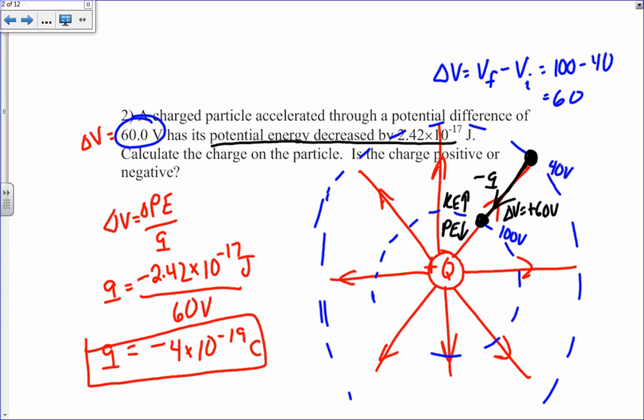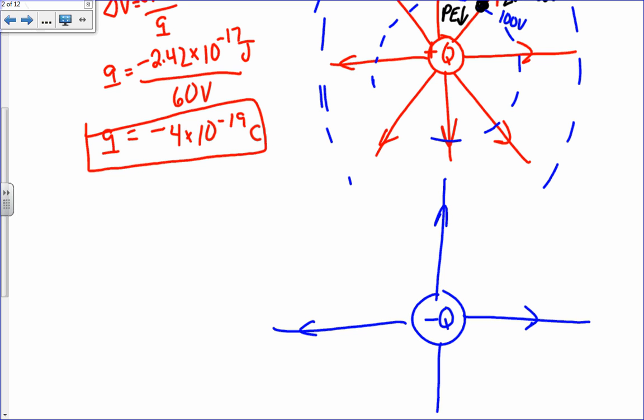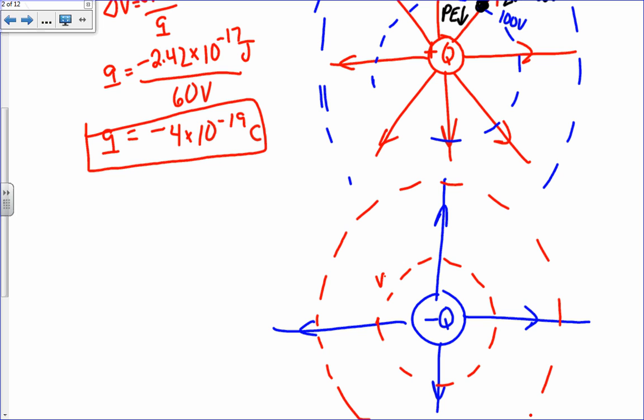But you might say, well, what if instead of a positive charge, we had a negative charge, and so our field lines now are the opposite. Then I can draw some equal potential lines like that. Close in, this is V equal to negative 100, and this is V equal to negative 40.